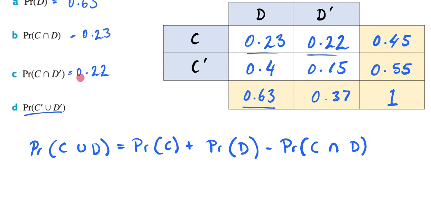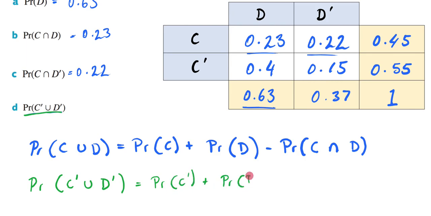So what I'm trying to find now is the probability of the complement of C union the complement of D, which will be the probability of the complement of C plus the probability of the complement of D minus the probability of the complement of C intersection the complement of D, close brackets.